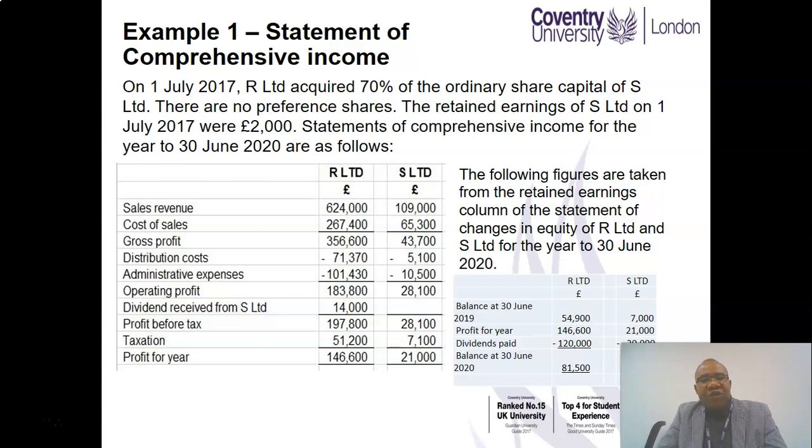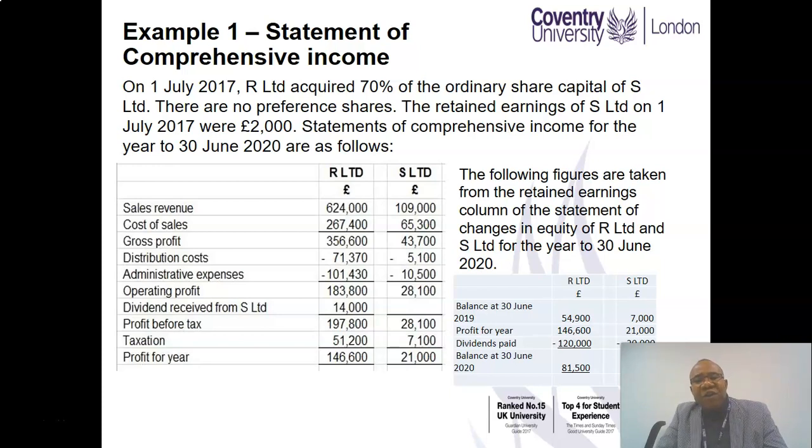On 1st July 2017, R Limited acquired 70% of the ordinary share capital of S Limited. There are no preference shares. The retained earnings of S Limited on 1st July 2017, the date of acquisition, were £2,000.